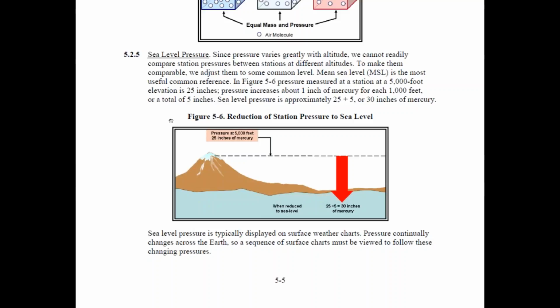It doesn't really relate to commercial airline flying, because generally speaking, in a commercial flight, a plane takes off at an airport and it normally climbs straight up really high. Once you get above 18,000 feet, you set your altimeter to the standard atmosphere, which is 29.92 once again.